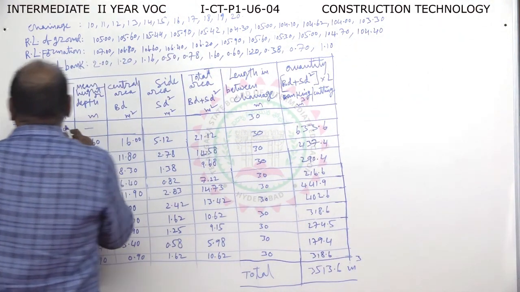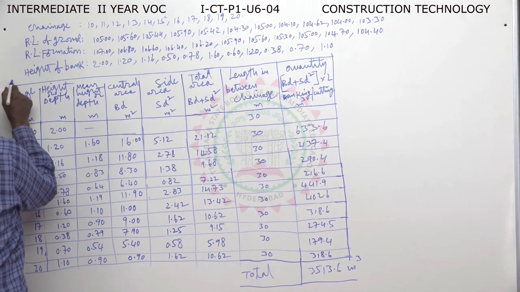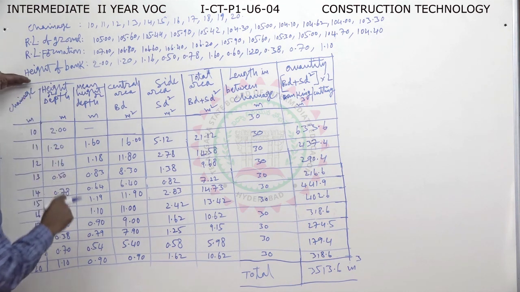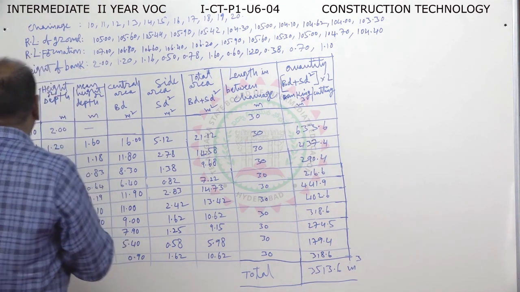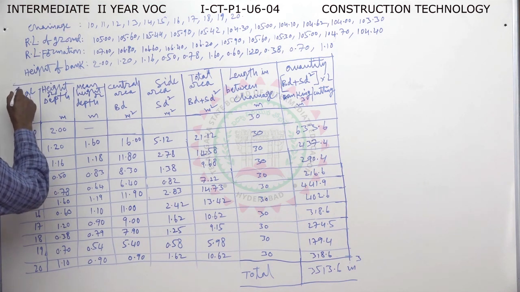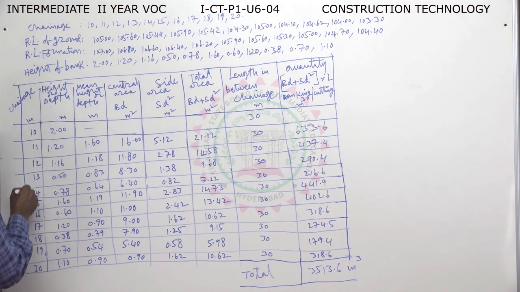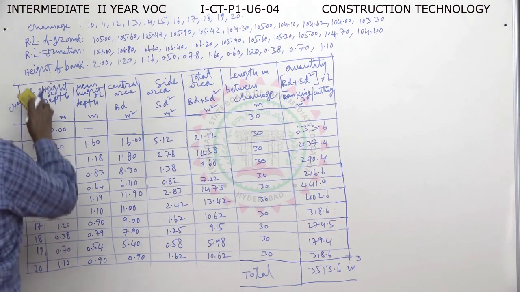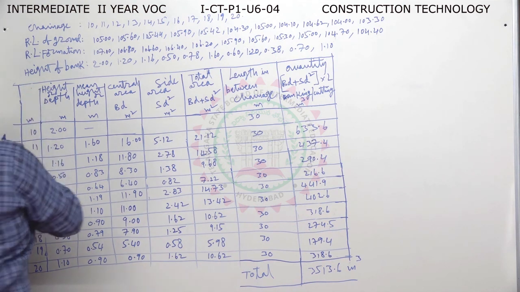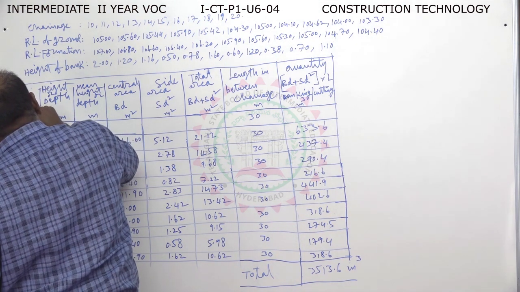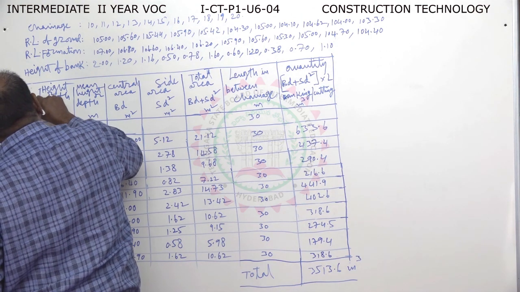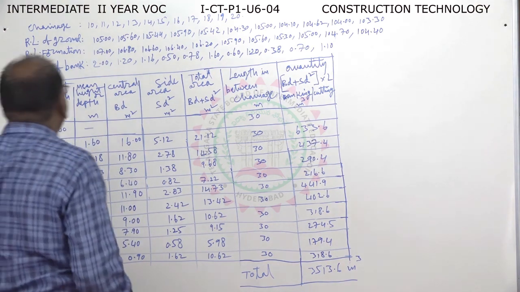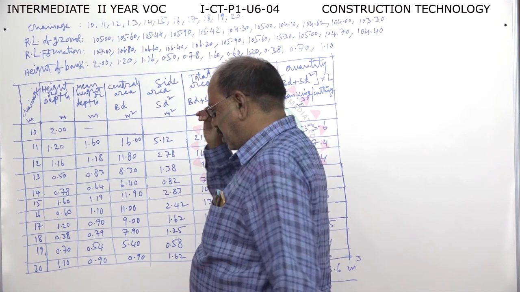Then from here onwards, the solution starts. This table is the solution. I will draw a line here, and this is chainage. Then draw a table like this.